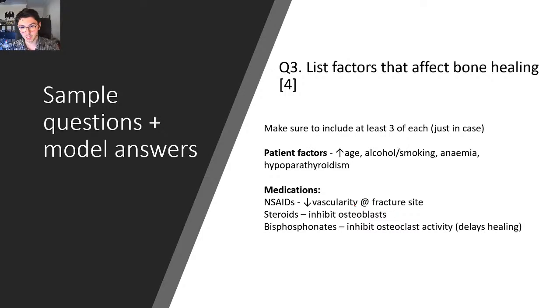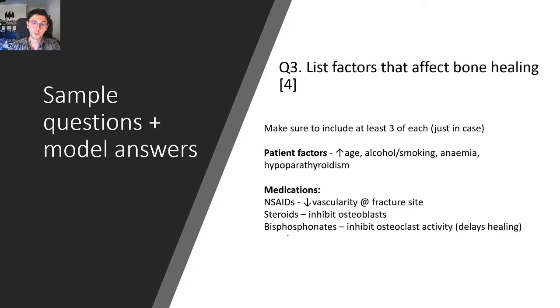Now, bisphosphonates, which have very long half-lives, which means that they stay in your system for very long, inhibit osteoclastic activity. Now, if bisphosphonates were out of your system really quickly, that would be great, right? But they aren't, and they stay there, and the osteoclasts can't do their job. Now, you might ask, bisphosphonates are used in osteoporosis.